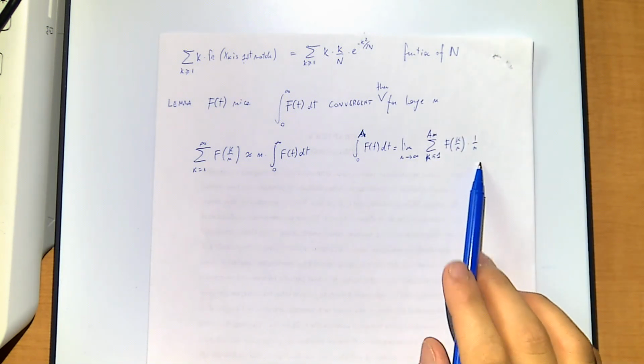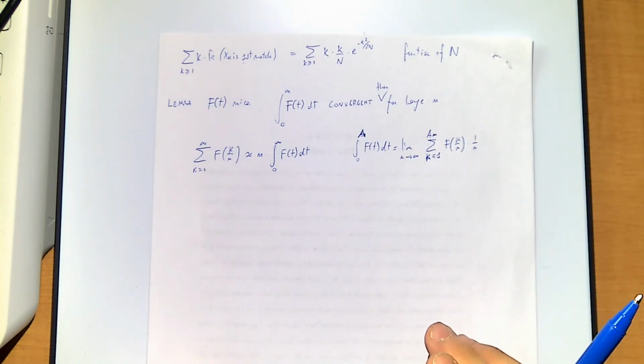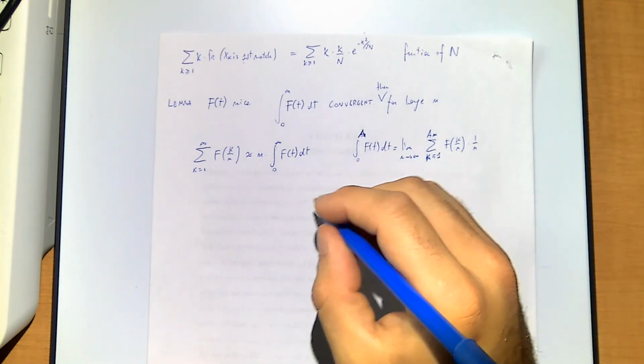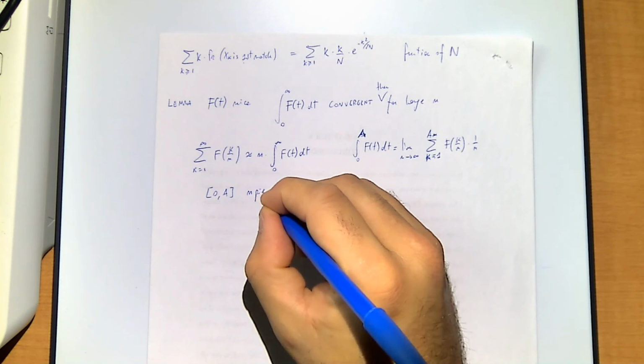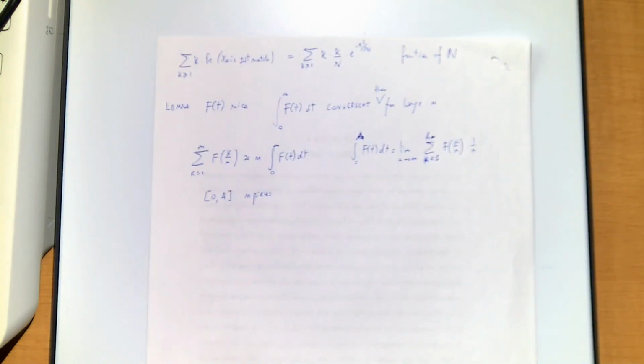We've basically broken up the interval from 0 to a into n pieces. Then we do the usual thing with Riemann sums: we send n to infinity, the pieces get smaller and smaller, and I get exactly the integral, right?